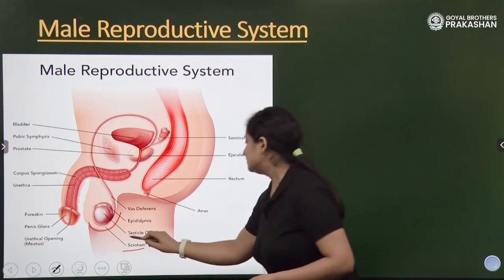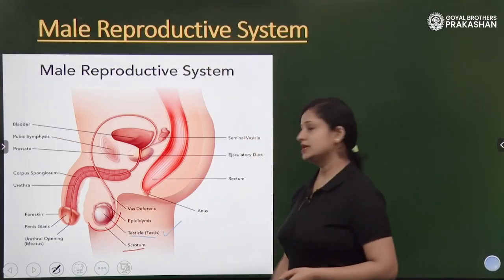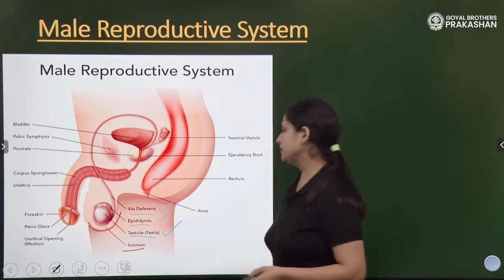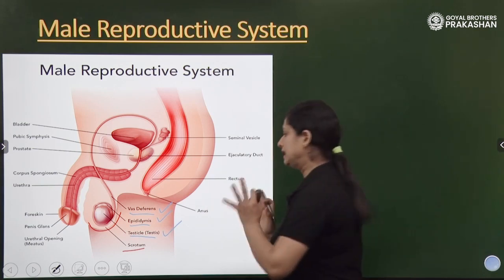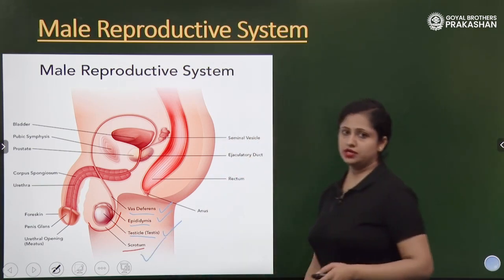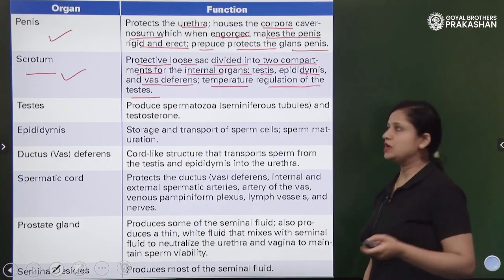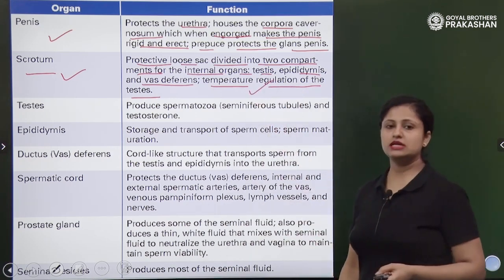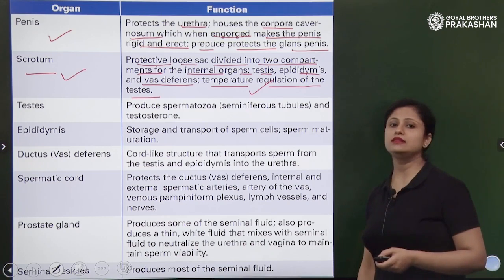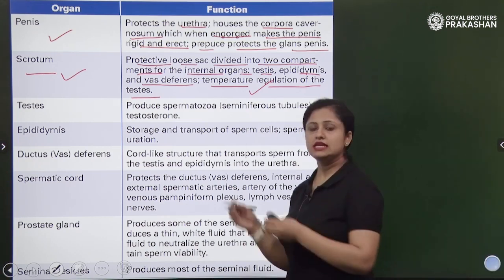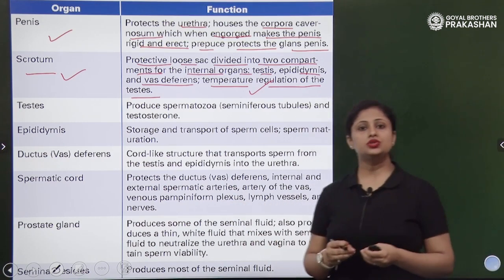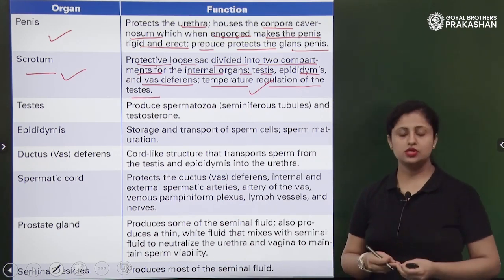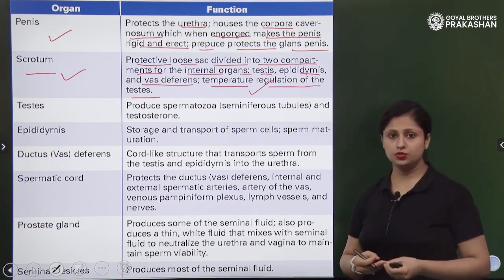So testicle, epididymis, vas deferens, they all are collected in this scrotum part. Scrotum is responsible to provide a suitable temperature because it is present outside the abdominal cavity, giving 2 to 3 degrees Celsius lower than that of the body temperature, so that sperm can be produced.